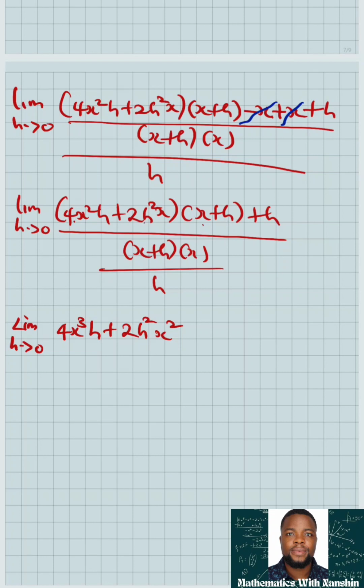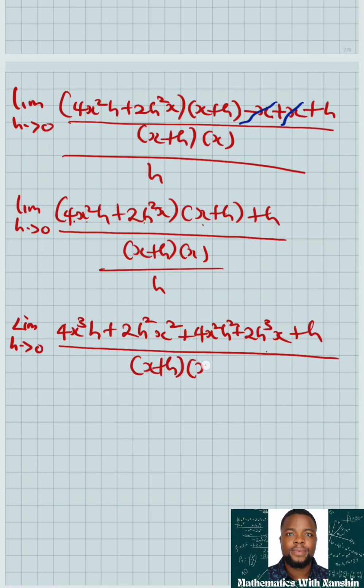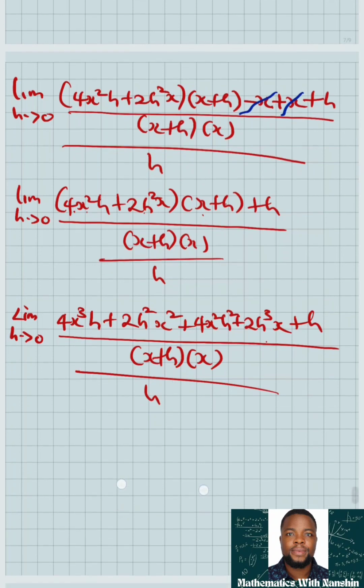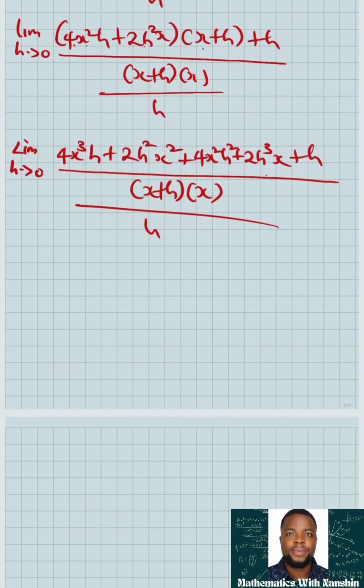Then we pick h now and go this time. We have 4x squared h squared plus 2h cubed x. This times this gives you this, this times this gives you this, then you bring plus h all over the LCM, all over h. We're going to factor h in the numerator.